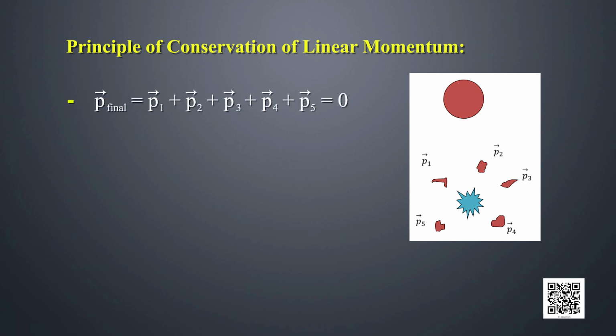That is, P final equals P1 plus P2 plus P3 plus P4 plus P5 is 0, where P1, P2, P3, P4, P5 etc. denote the momenta of individual pieces into which the block has exploded.